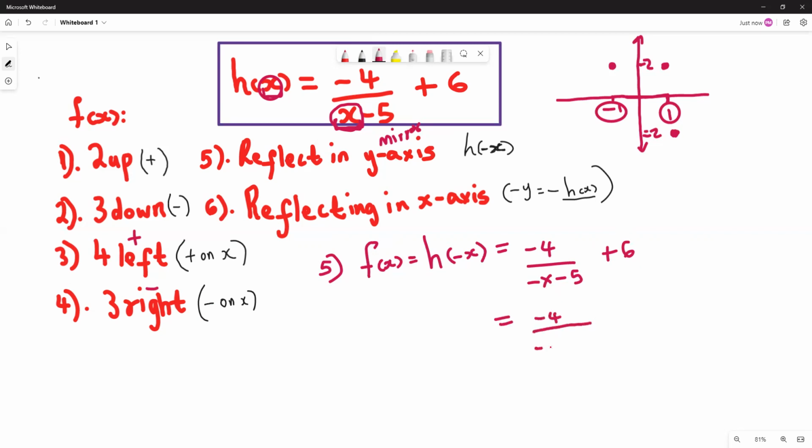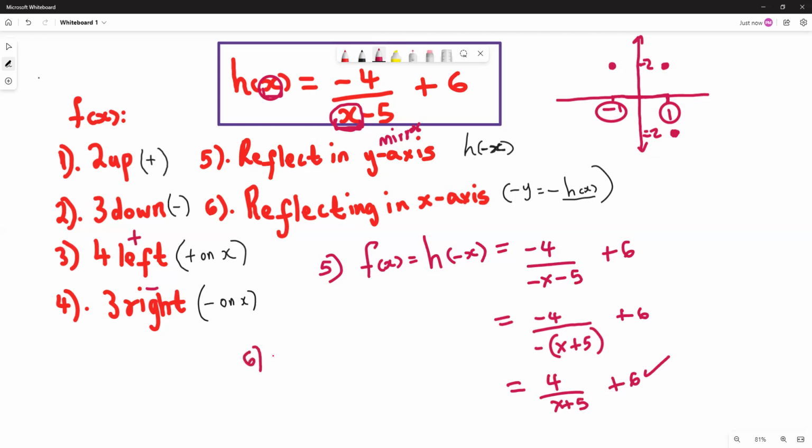So you have negative in bracket x plus 5, right? Then plus 6. So you take a negative out. So all the signs are going to switch. Then this negative and that one becomes positive. So you have 4 over x plus 5 plus 6. And that's your answer for number 5.